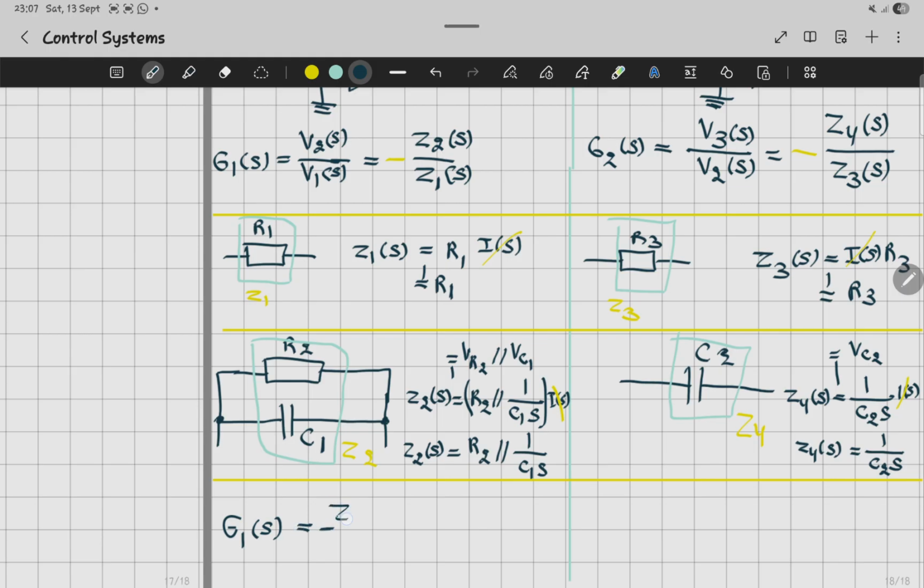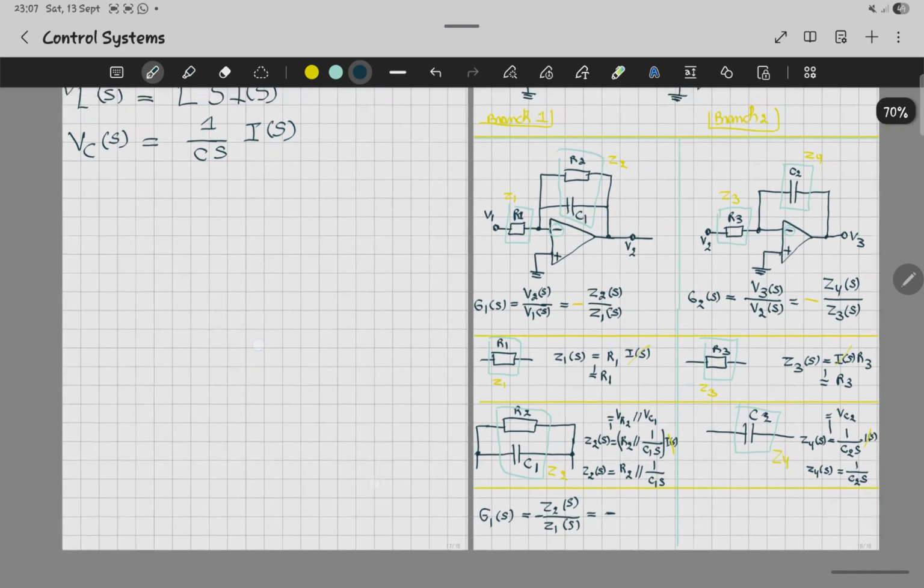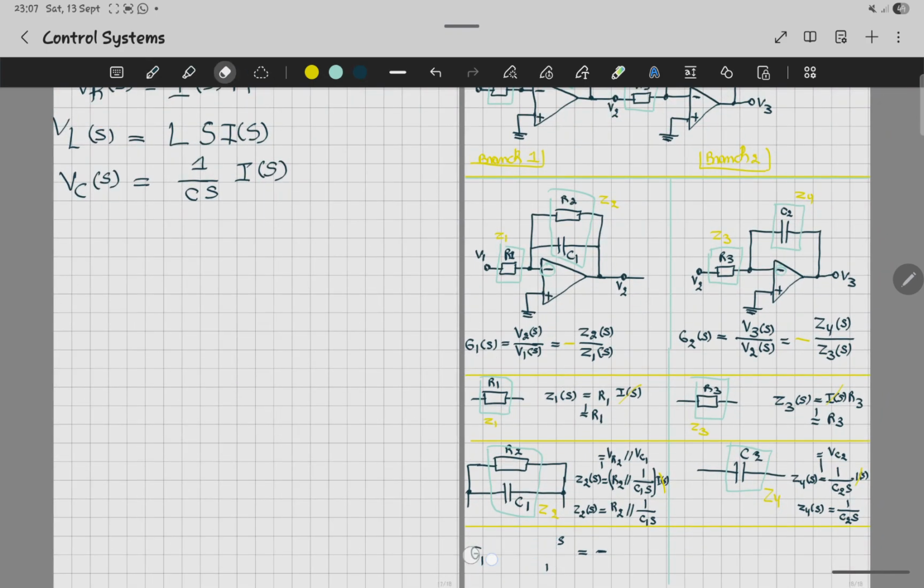We know that we had Z2(S) over Z1(S), which is equal to negative Z2. Z2 is what you see here. We did mention this, so I'm just going to write it on this side so we're able to see it. So now what will be J1 and J2?